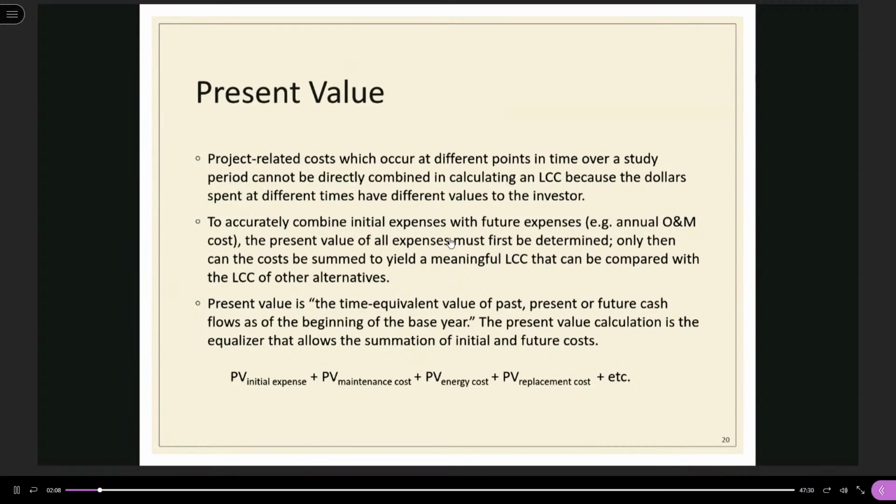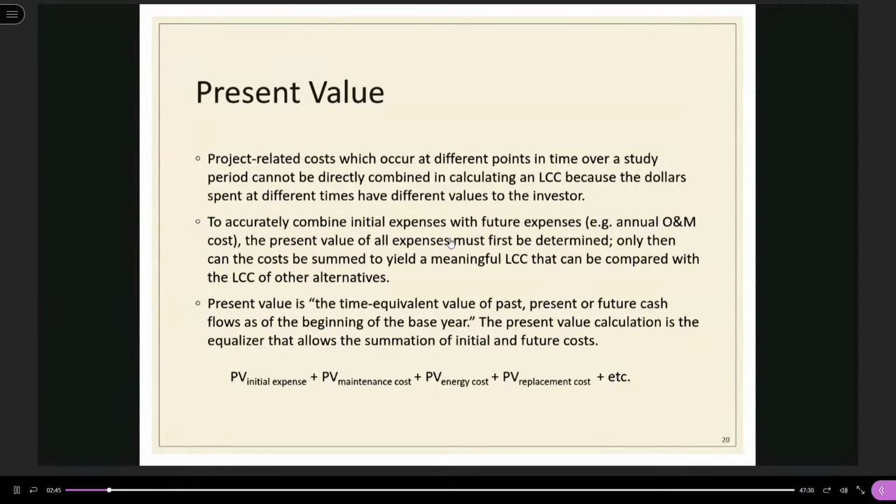To accurately combine initial expenses with future expenses, like the annual operation and maintenance costs, the present value of all expenses must first be determined. Only then can the costs be summed to yield a meaningful life cycle cost that can be compared with the life cycle cost of other alternatives. Okay, so we convert the future expense into present value and we add them up for comparison.